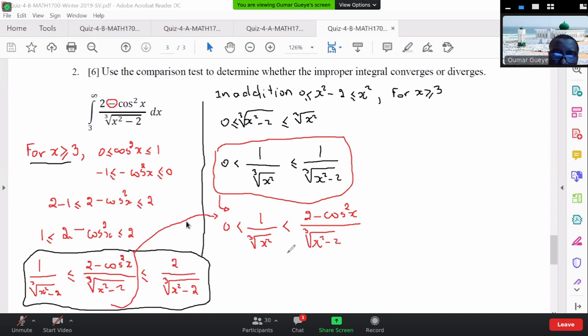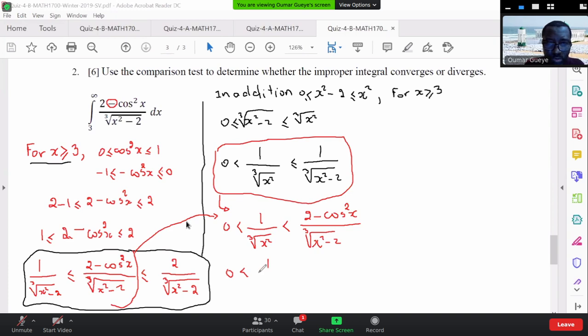Okay, you guys can see what I did: this function 1 over cubic root of x squared is less than this function, and this function here on the right is exactly equal to this one, which is less than this. And by transitivity, it means this function is less than the function inside my integral. And this means 0 is less than this.